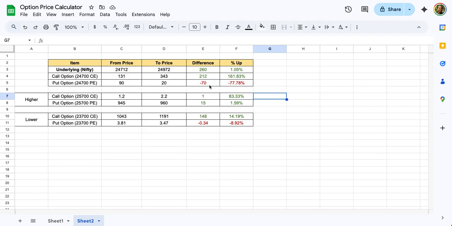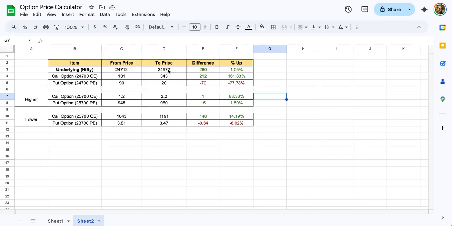It is quite different. It is 212 and minus 70, pretty much different, and percentage-wise it is also different, 161% and 77%, so they are not equal. And both of them happened on the same day, given the underlying price moved from 24,712 to 24,972.